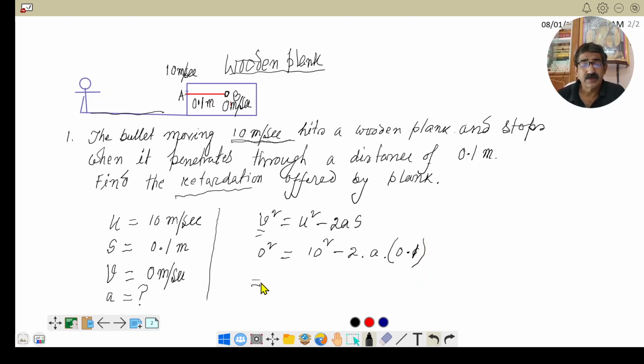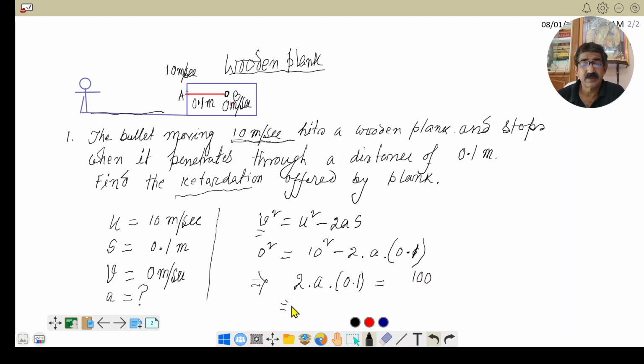That implies 2 into A into 0.1 is equal to 10 square. You have to calculate very carefully, otherwise you will miss the answer. 10 square means 100.